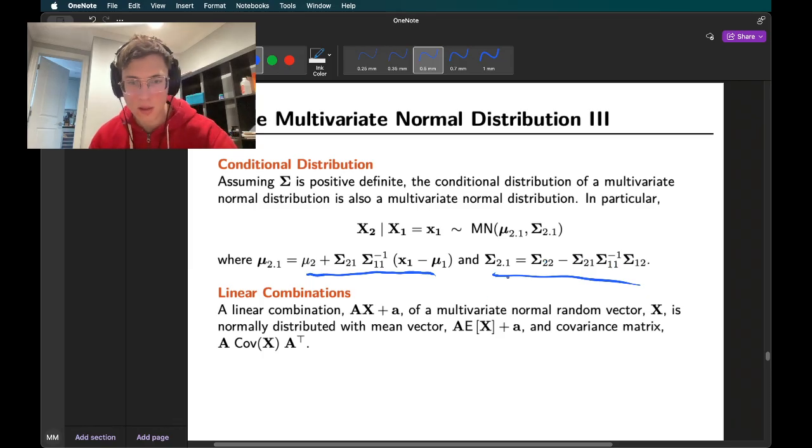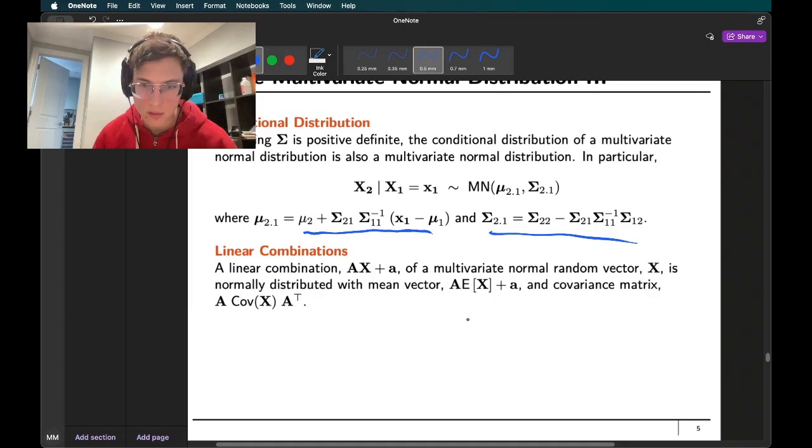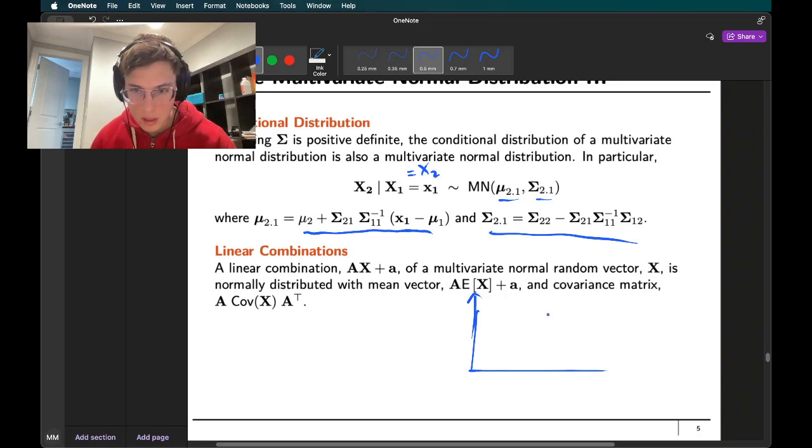The idea he talked about behind this is that if these two are completely uncorrelated, then x2 given x1 is just x2, right? But if they are correlated, then knowing information about x1, your variance is going to go down, because now you know some information about x1, which helps narrow down x2.